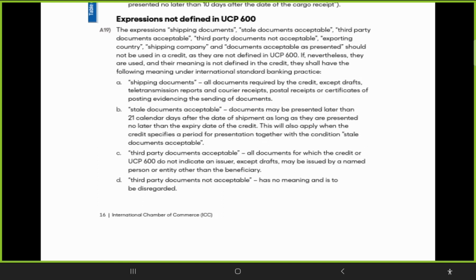Now, take all the documents for which the credit has given you the issuers. Can anyone tell me?